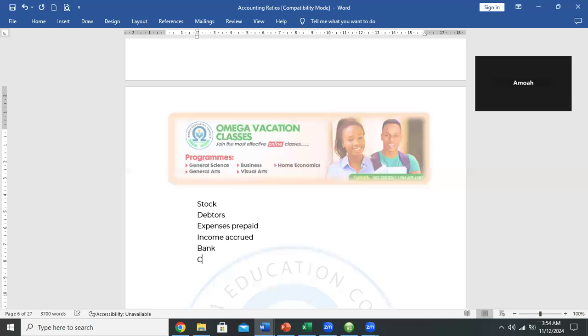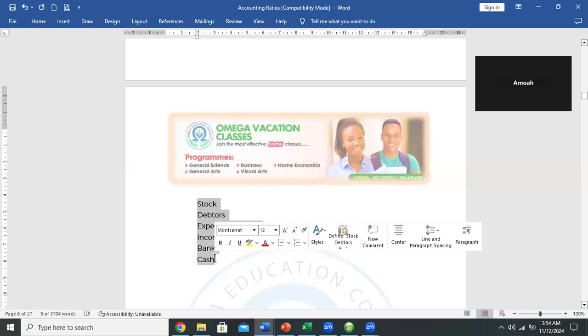These are your current assets, right? Now, this arrangement has been done in order of liquidity. Please, if I'm rushing, prompt me to slow down. When I say in terms of liquidity, it means how quickly you can convert these assets into cash.